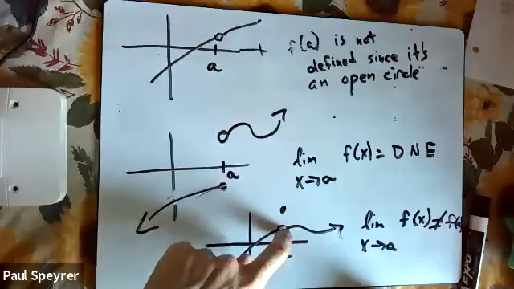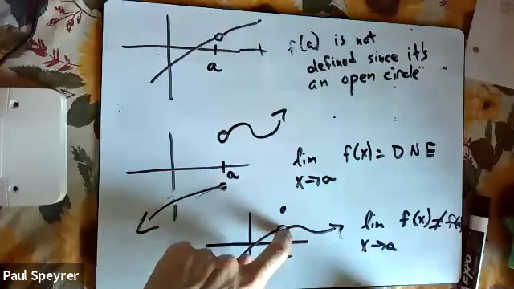Well, that definitely is 0. Does 1 equal 0? No. So the limit of f of x does not exist right here. You see, it's failing the second condition right here.